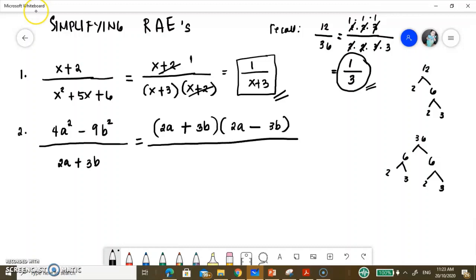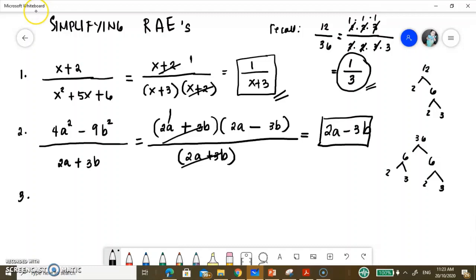And then sa baba, you have denominator, you have 2a plus 3b. So, notice that divided with itself, that's equal to 1. So, your final answer here would be 2a minus 3b. Okay? So, ganyan lang siya.